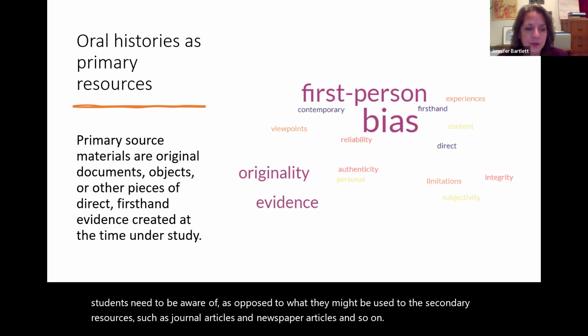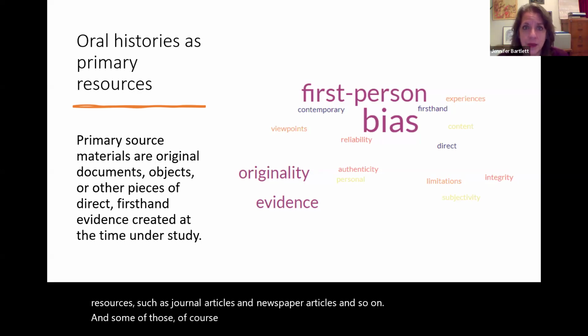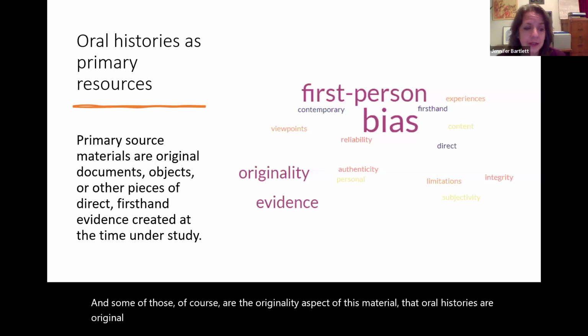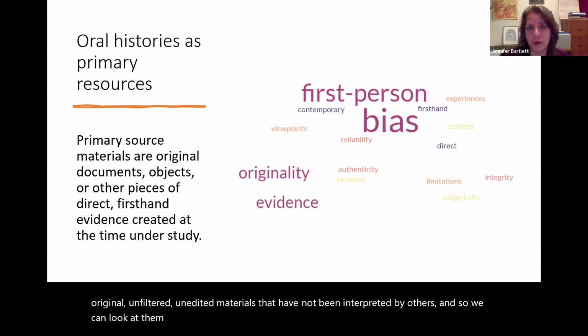And some of those, of course, are the originality aspect of this material, that oral histories are original, unfiltered, unedited materials that have not been interpreted by others. And so we can look at them, as with other primary source material, as the raw material of history.